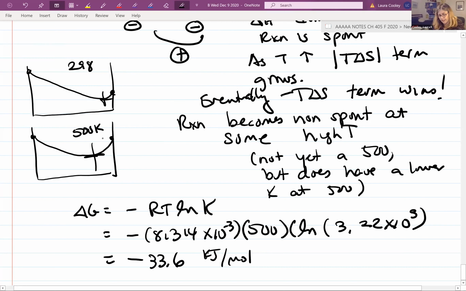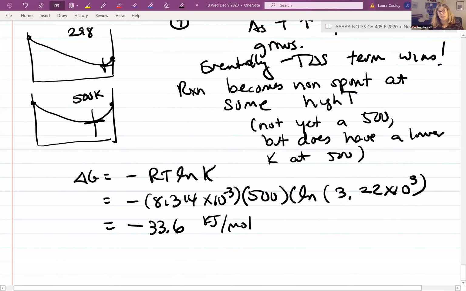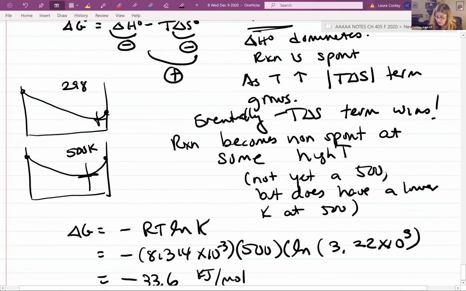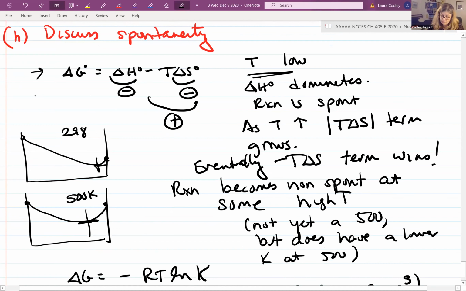And you could see that as this difference changes, it'll go the other way eventually. So temperature plays a big role, the T delta S part of delta G. It's kind of a big deal.